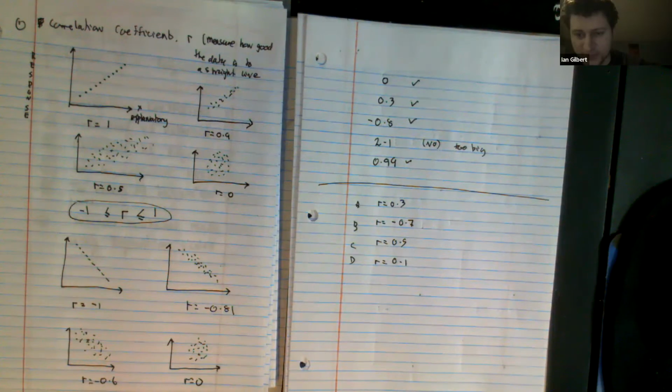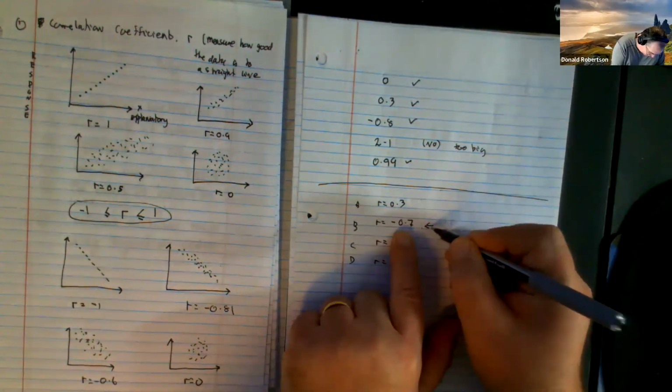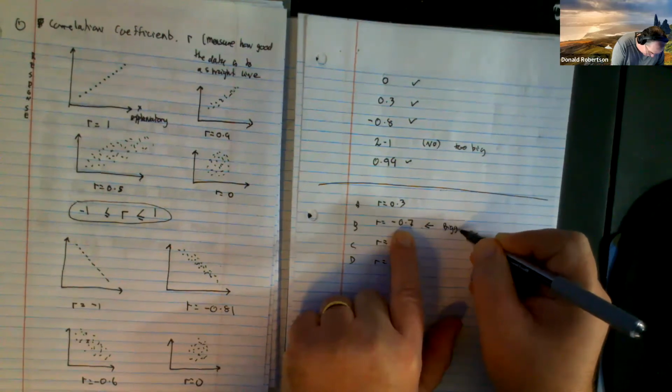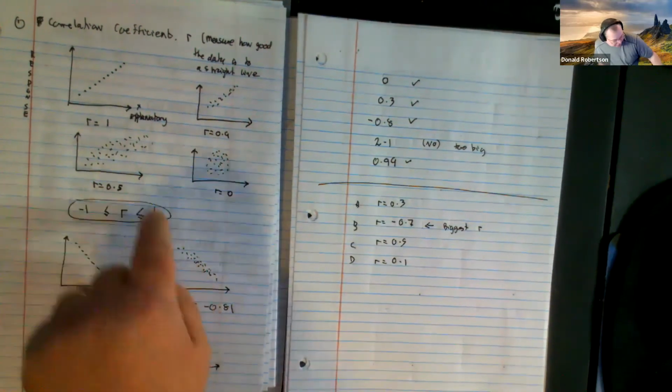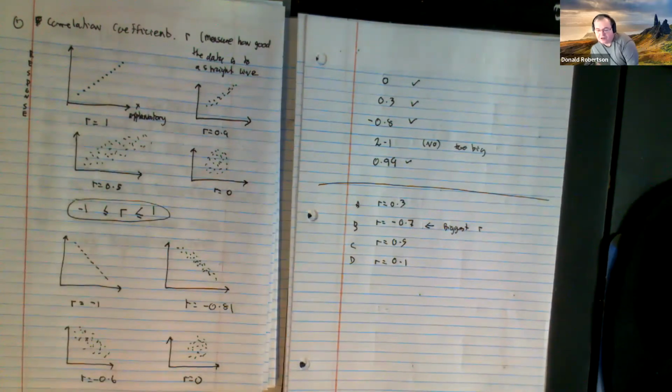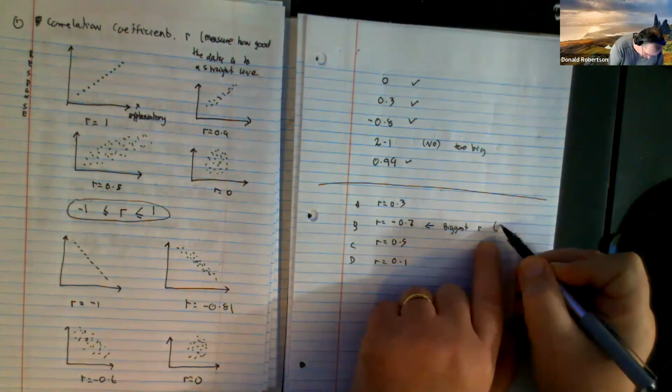The 0.7. Yes, it would be that one. Why? It's the biggest R. Now you might say, but it's a negative number, which it is, but don't you not really care about plus or minus? Isn't it how close to being 1 is an indication of how strong the data is? So this one is the strongest.